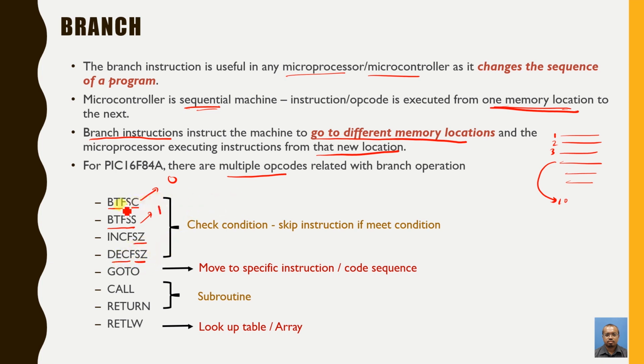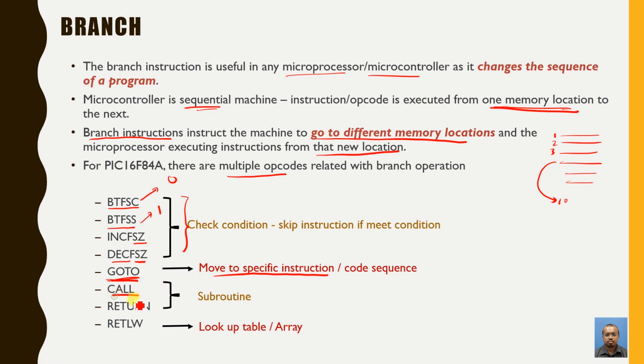These are all under check condition. So if the condition is met, it will skip the next instruction. And then there is another instruction, GOTO, which means you want to move to a specific instruction or code sequence.